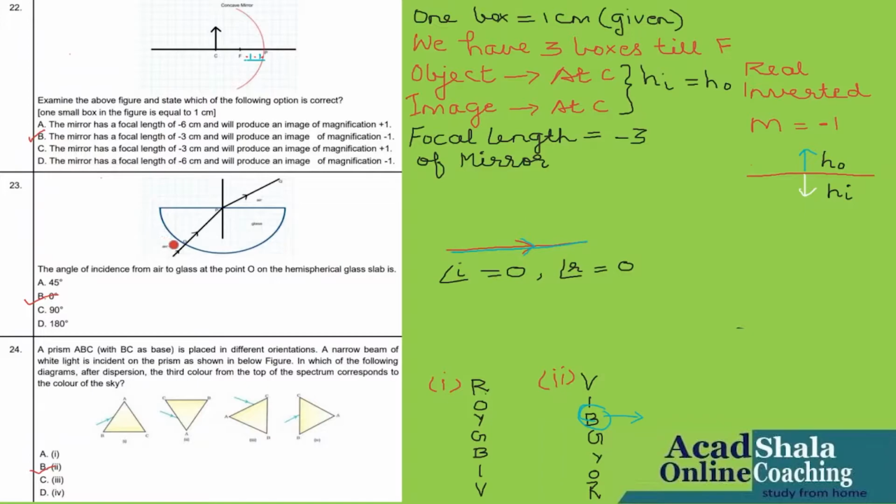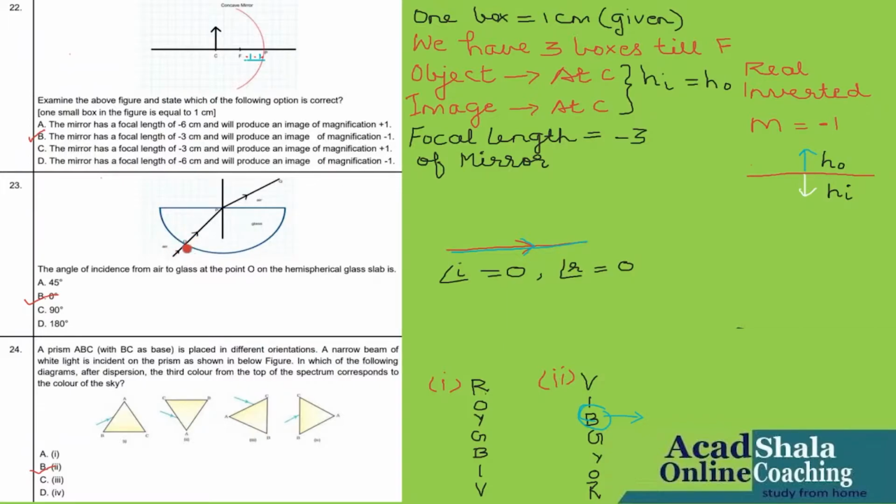So we see that we do not have any deviation at this point. Are you seeing any bending of light? Not at all. The ray is coming here and going straight, as it came, it went back also like this. And what is the reason? The incident ray at this hemisphere of glass is perpendicular.